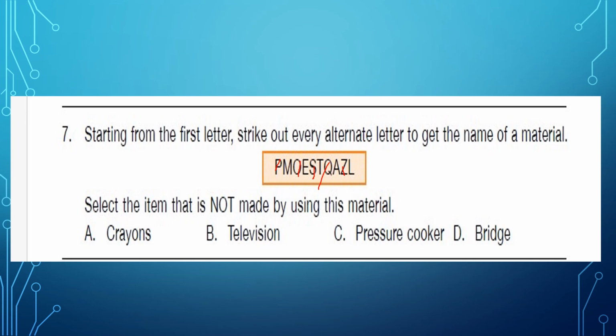And we select the item that is not made of metal. So the answer is option A, crayons, because crayons are not made of metal.